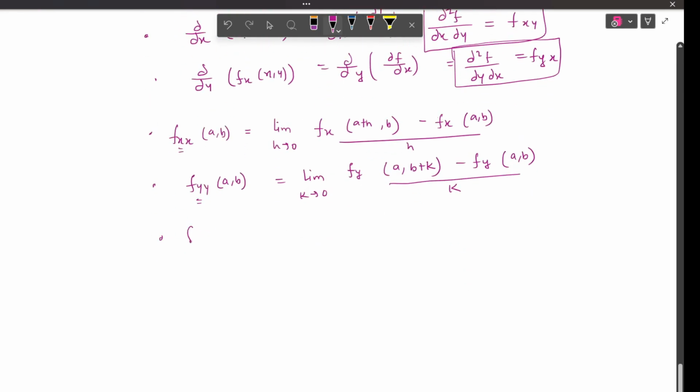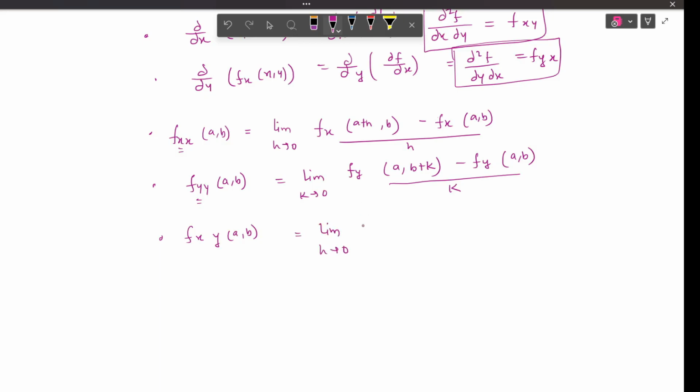And f of x y at (a, b) is the limit as h tends to 0. This is f x y, that means first we have found the derivative with respect to y, so f_y, and now we are finding it with respect to x.